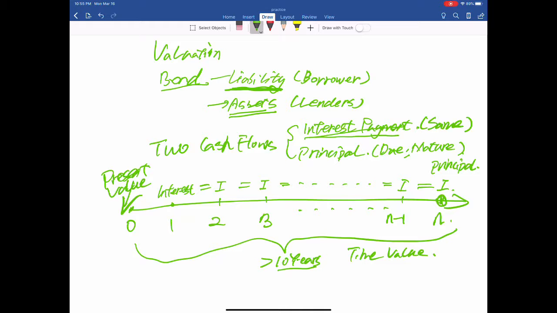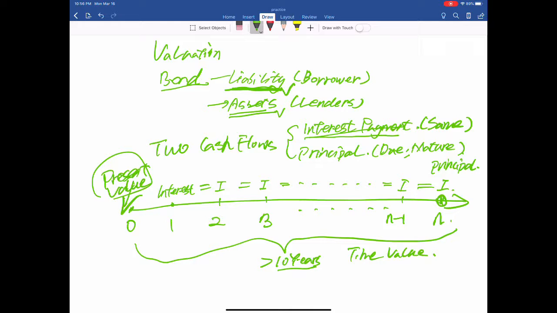If we get the present value of the cash flows, the present value basically is the amount of liability or assets reported for either borrower or lenders. Okay, so that's the concept of bond. There are some other bonds, but we only cover the very simple one.